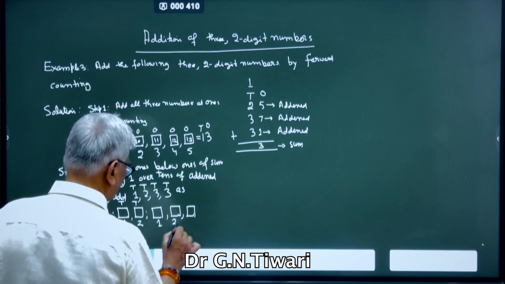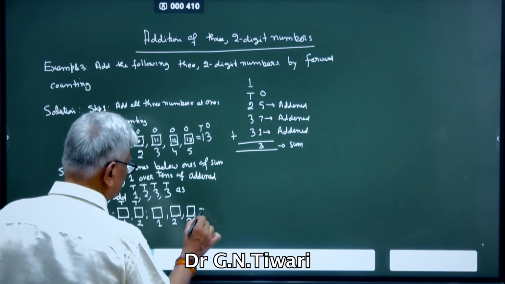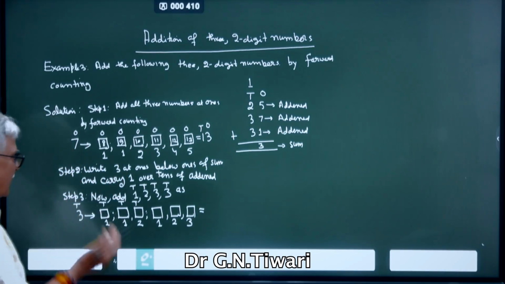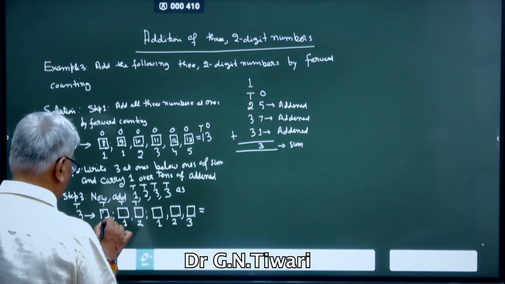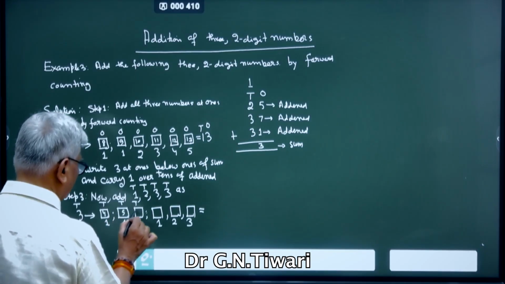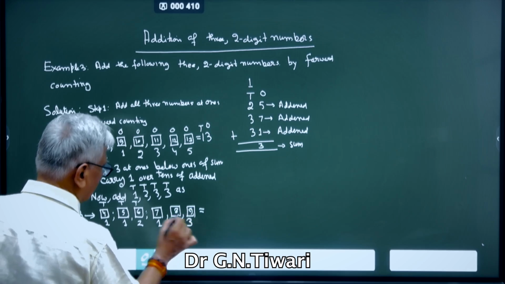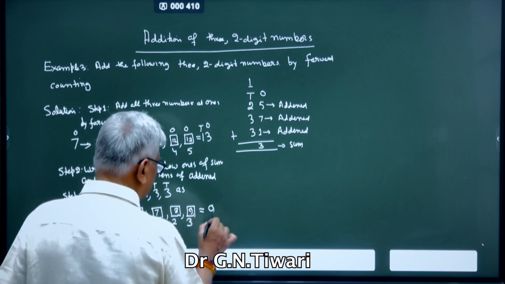One, 2, 3. As earlier we have done, you can make a forward counting 3, 4, 5, 6, 7, 8, 9.